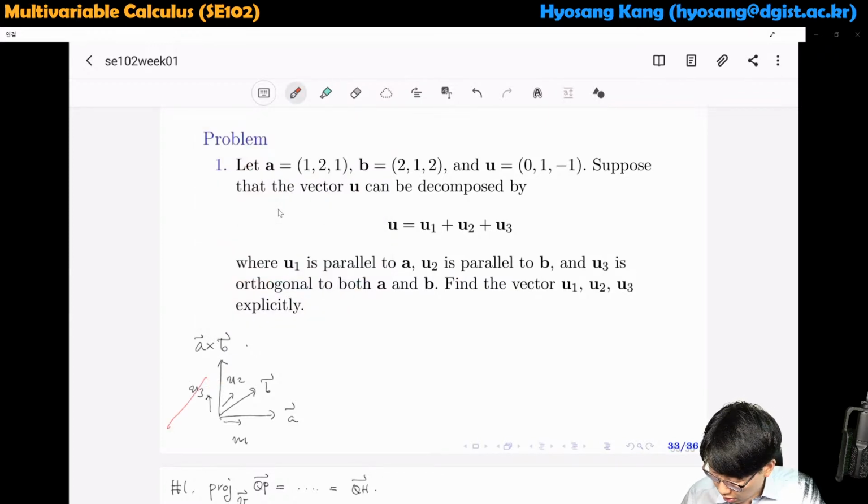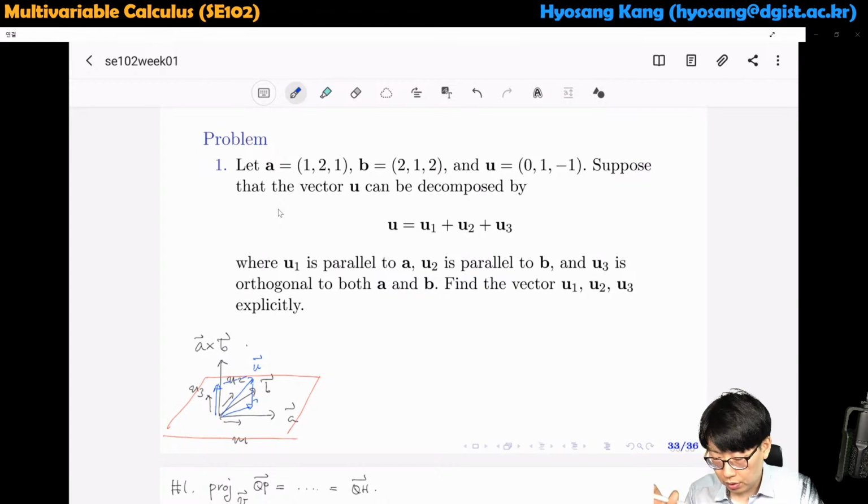which contains the vectors a and b, and if you have a u vector like this one, you can always decompose your u into a component on this orthogonal direction and some component on this plane direction, because this plane which contains a and b is orthogonal to this vector, so we can decompose this u into two components by projection.